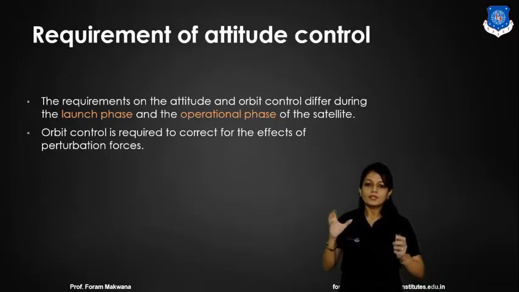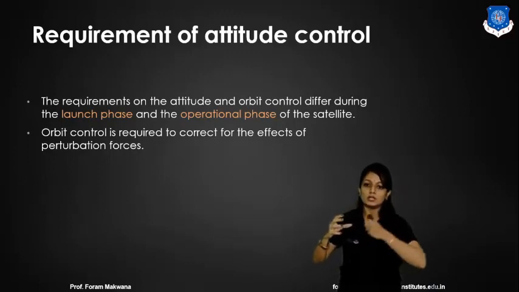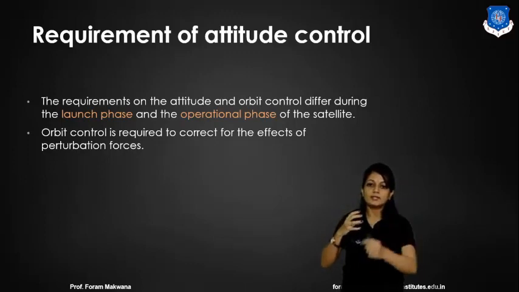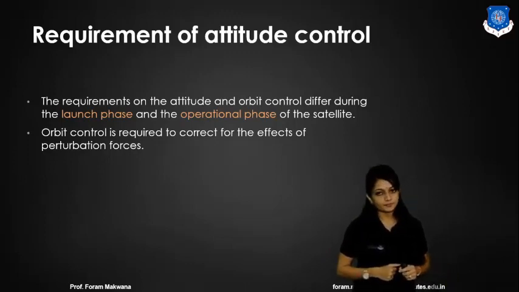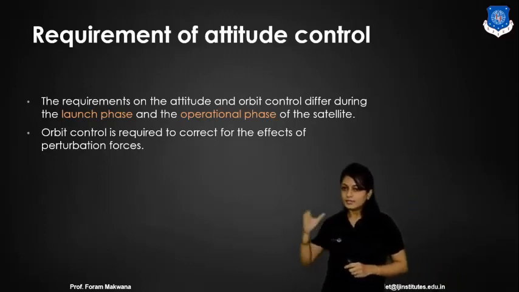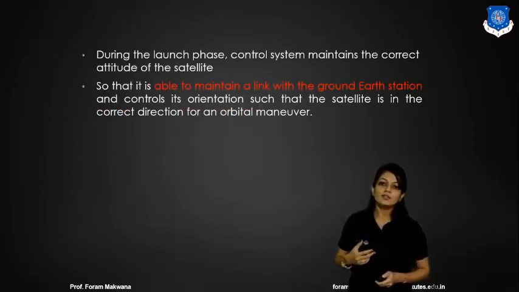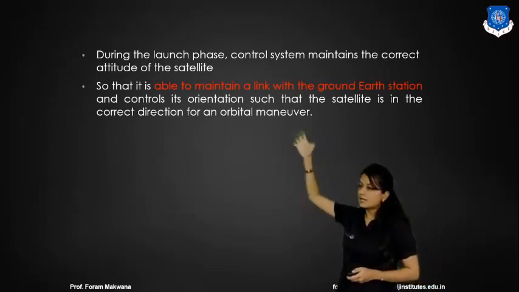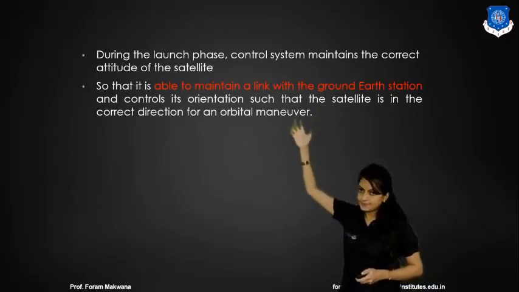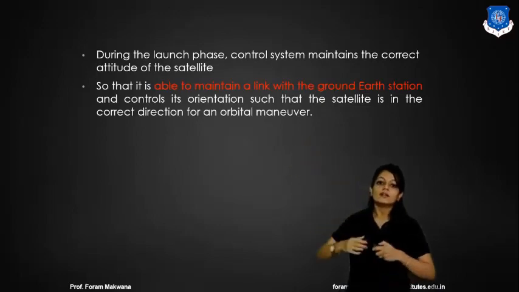That means, as my satellite is orbiting around the Earth, it must follow the same orbit as it completes one rotation of the Earth. Okay? So we need to correct the effect of perturbation forces. Right? So during the launch phase, the control system will maintain the correct attitude of the satellite, and we are able to maintain its link with the ground earth station.